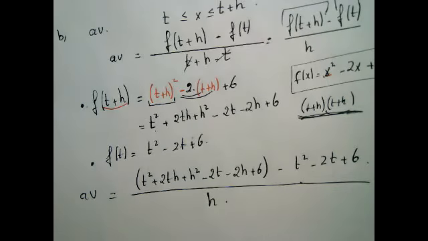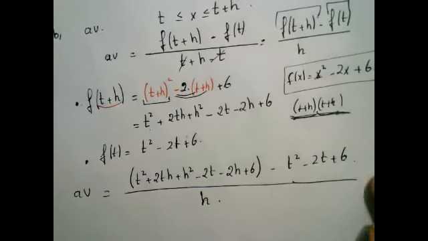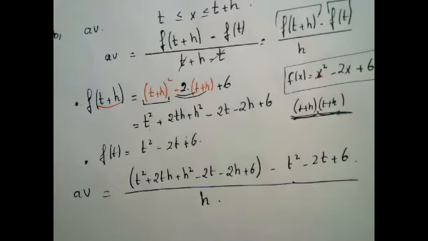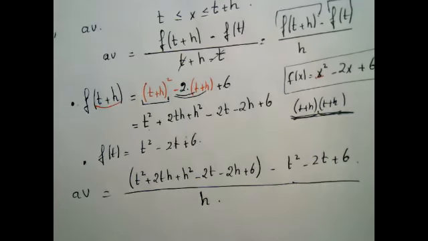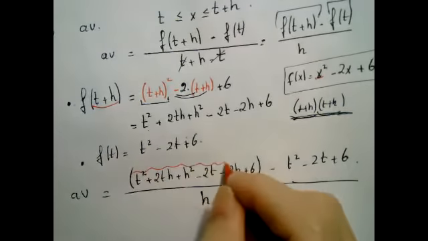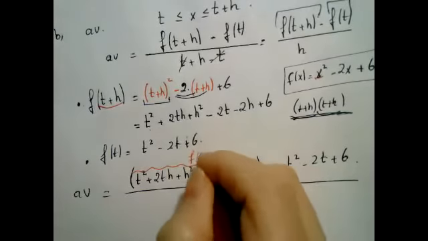Okay, I did something not right. What did I do wrong? I wrote something not right. What is it? What is it I wrote that's not right? Let's go through it. Is this correct? That's the f of t plus h.